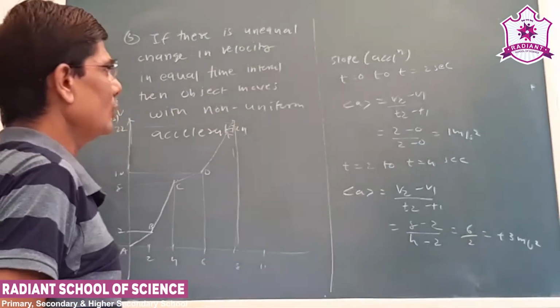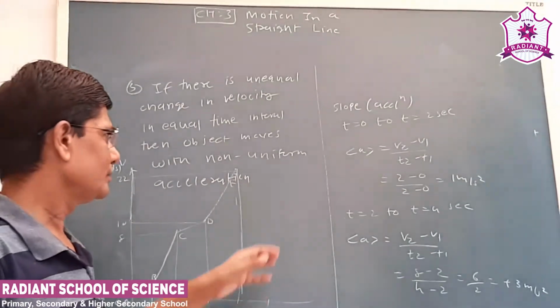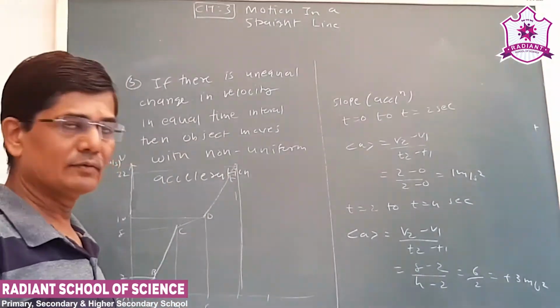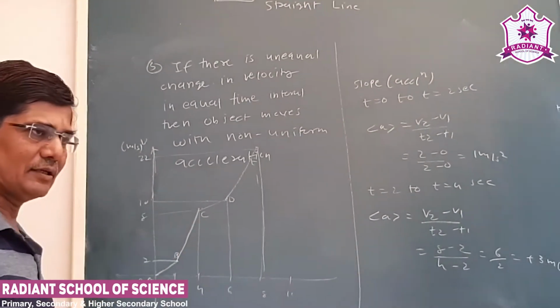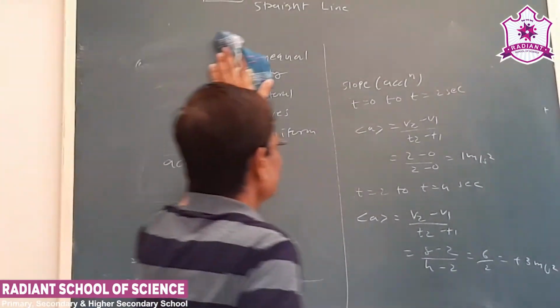The time interval is the same, but the change in velocity, or the acceleration value, is different. So we can say the object moves with a non-uniform acceleration. So this is about the v versus t graph.